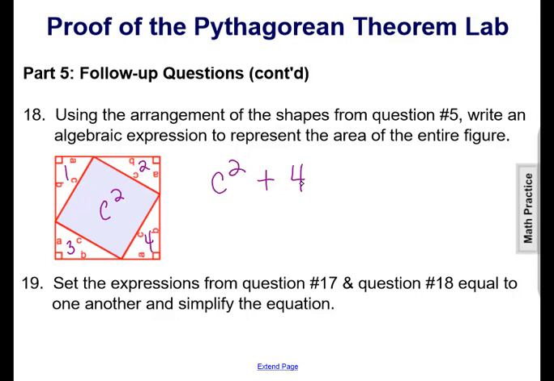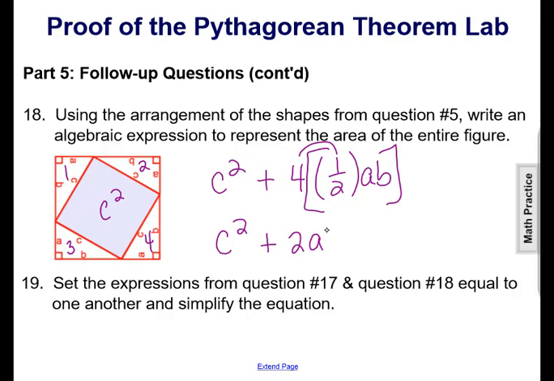There's 1, 2, 3, 4 of 1/2 times A times B. That's the area for the 4 triangles, and then we're multiplying by 4. We can then simplify a little by multiplying 4 times 1/2, so the area is going to be C squared plus 2AB. That's representing the area for that whole entire figure.